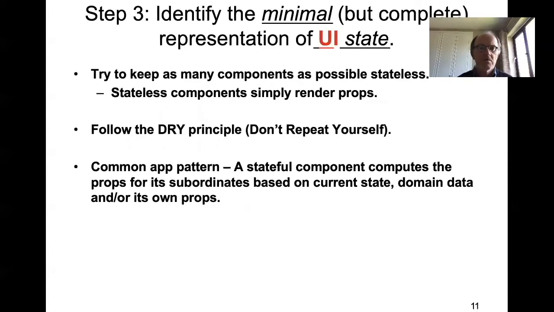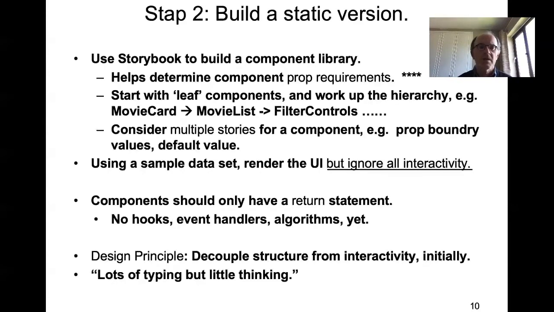Okay, so we have a component hierarchy, and we've written stories for loads of low level components. We've also hooked the components up together so that we are rendering the entire UI page or UI view.